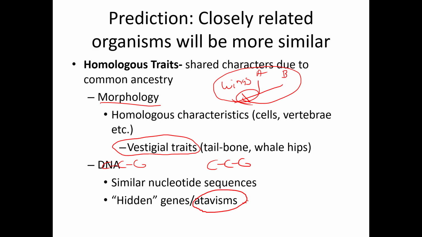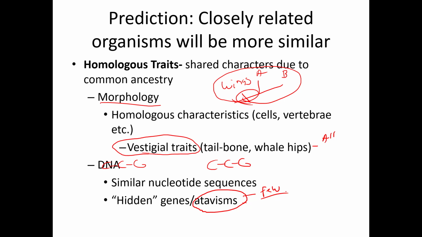So let me point out that vestigial traits are usually found in all members of a species, whereas atavisms are only found in some individuals of a species where they happen to turn on. So occasionally a human will be born not with fully formed gills, but with little lines by their ear that indicate some part of the gill gene was turned on.